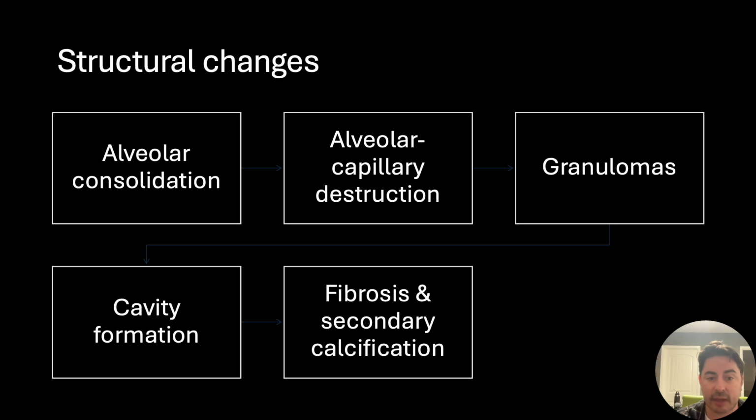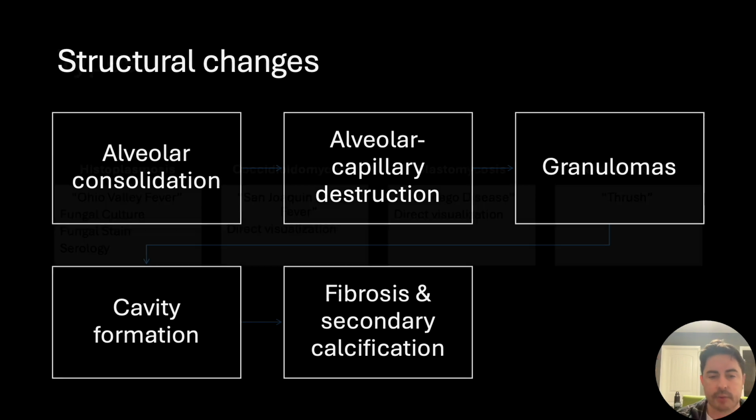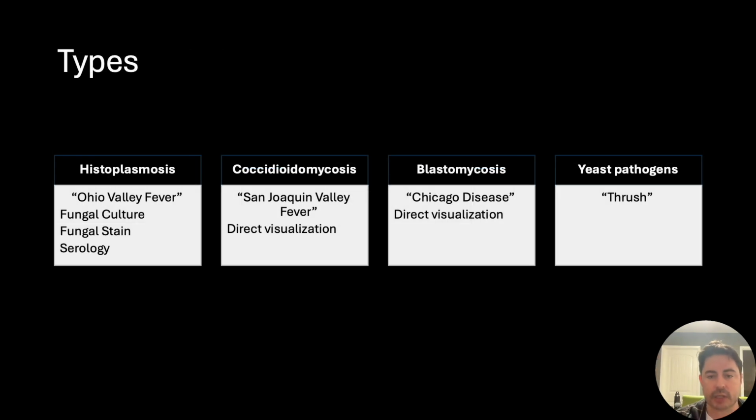We have some structural changes that occur as a result of these fungal infections. So you can see alveolar consolidation. You have alveolar capillary destruction or the dilation that leads to granulomas and cavity formation and fibrosis and secondary calcification that can lead to pulmonary fibrosis. We talked about it earlier.